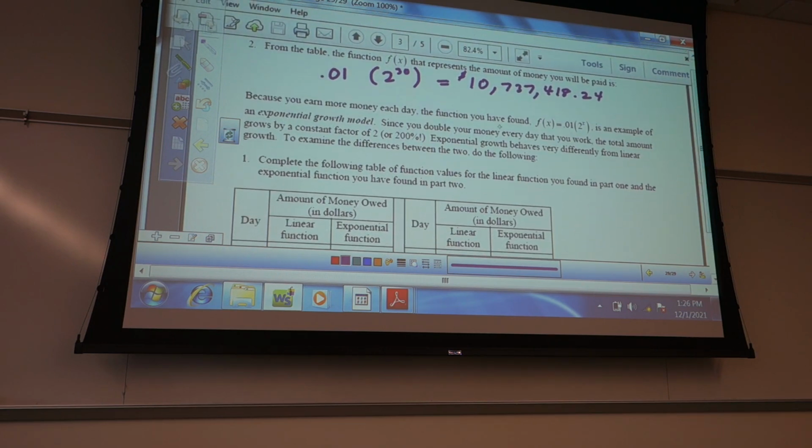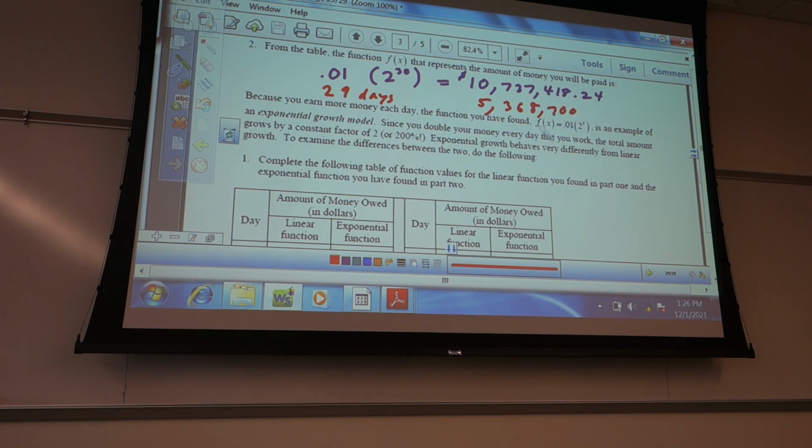So what you notice is, if you did it for 29 days, it would only be half of that. 5,360,000-something, $700 or something like that, right?